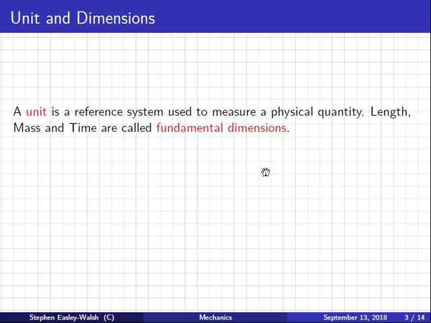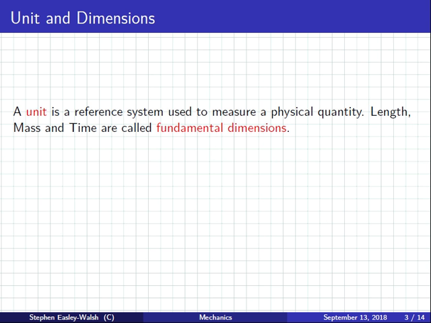Now, there are what we call fundamental dimensions. These are like basic dimensions. There's 3 of them. There's length, mass, and time. These are fundamental. So length, you know, is like this. Mass is, you know, how heavy, and of course, time.